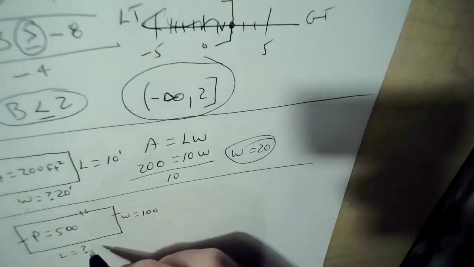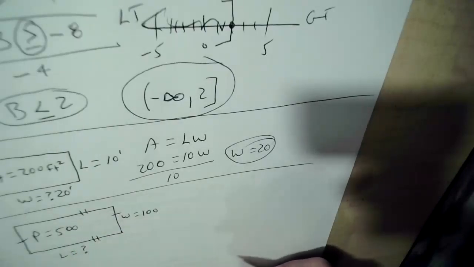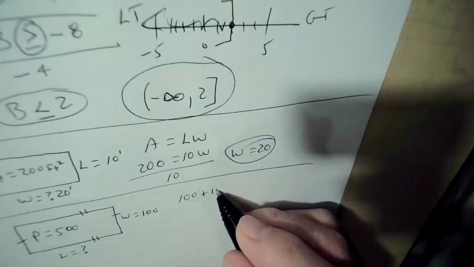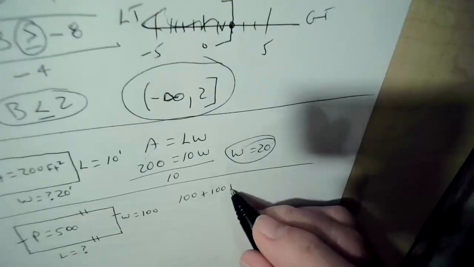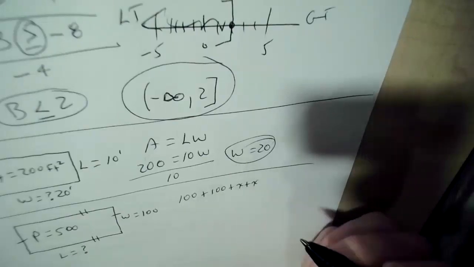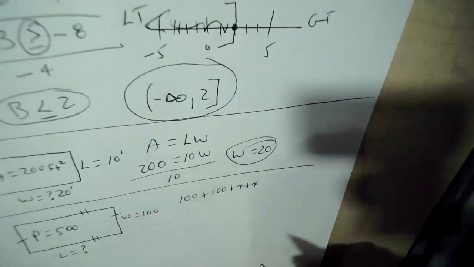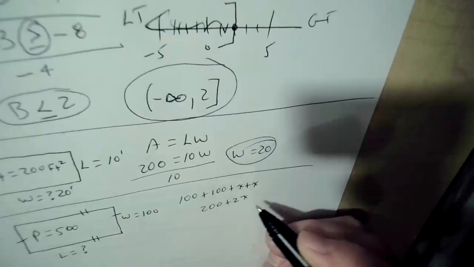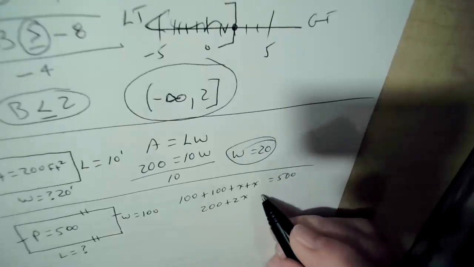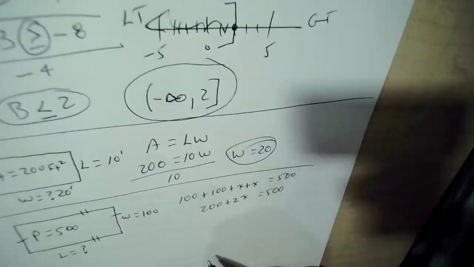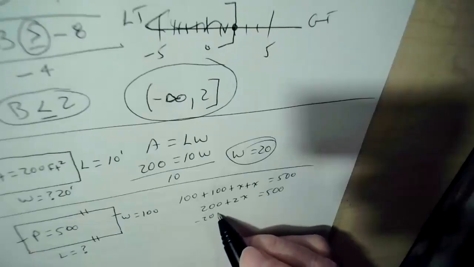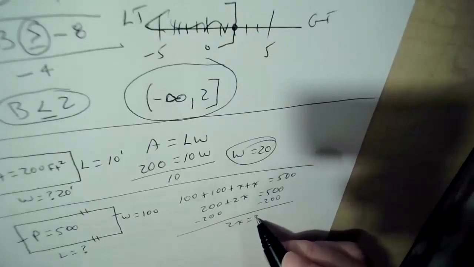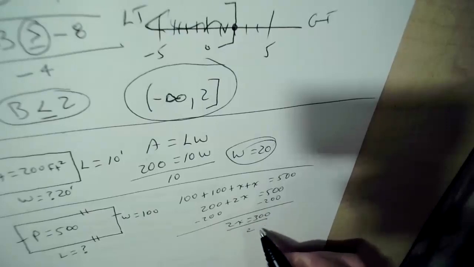We've already done a problem like this. We know that this side equals this side. So we have 100 plus 100 plus x, right? So we have 200 plus 2x equals 500. Subtract 200 from each side.